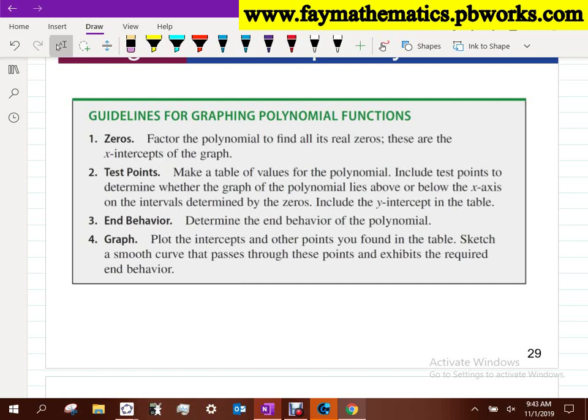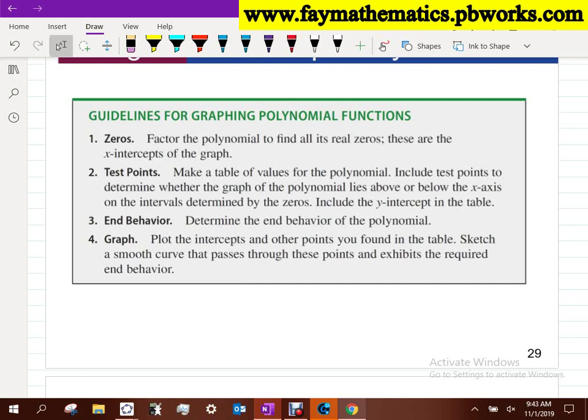Okay? Step 2 is where things get kind of fuzzy. If I have to use test points, this isn't really all that efficient or even a precise task, because I'm not sure what test points to choose and that sort of thing. Now the intermediate value theorem might suggest some ideas and present us some concepts to use.